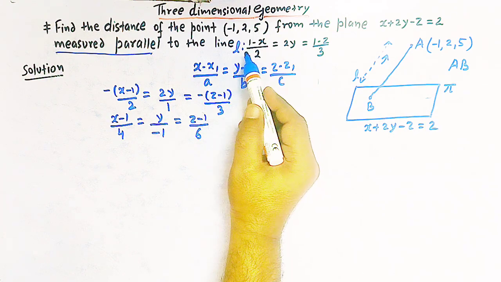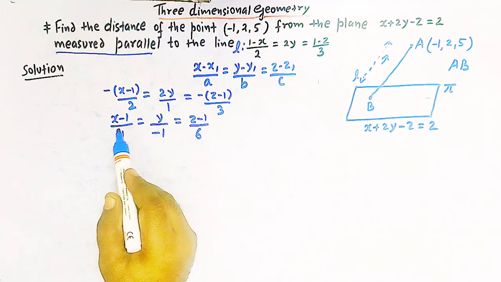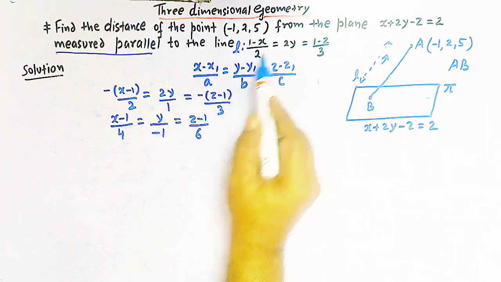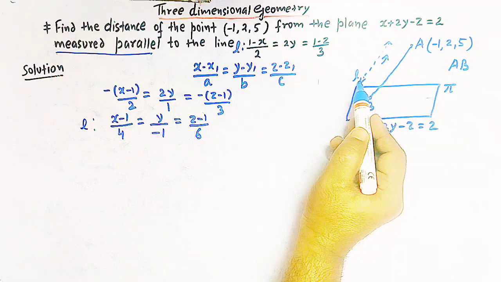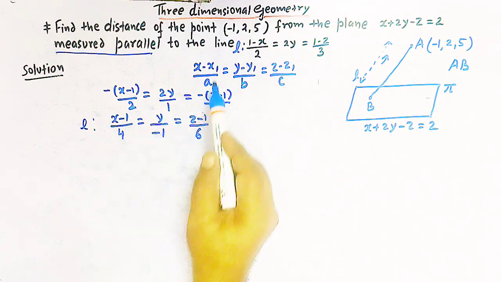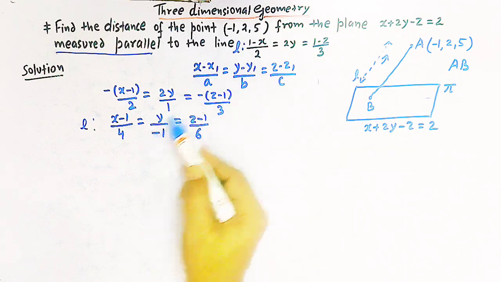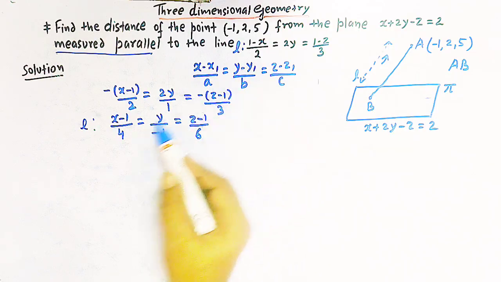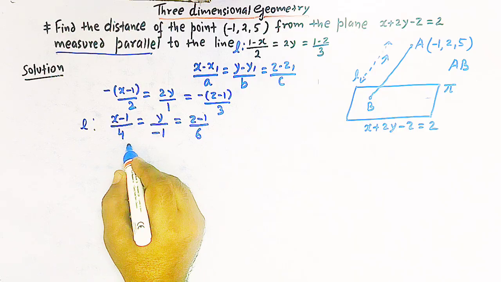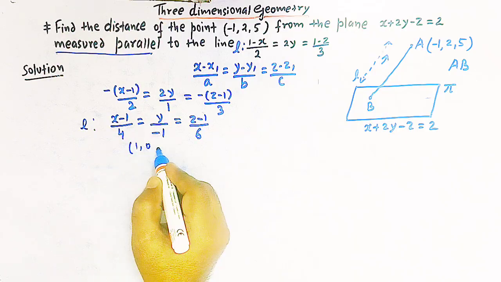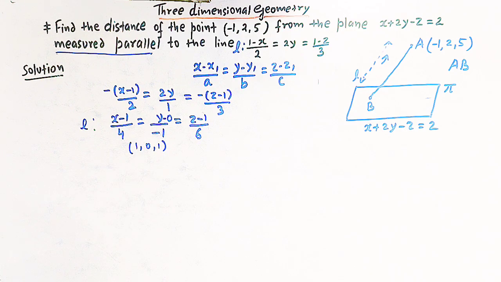So the first step is to express this equation in this form. Here we have now expressed the equation of the line L in the symmetric form. If we compare these two equations, we can easily see that this line passes through 1, 0, 1, because here we have y minus 0.